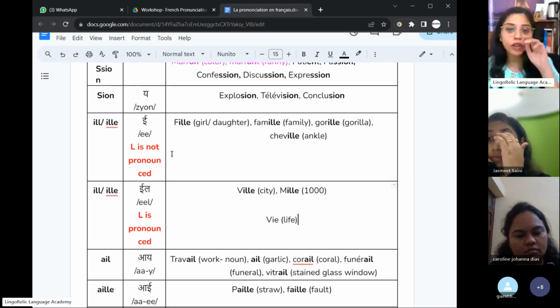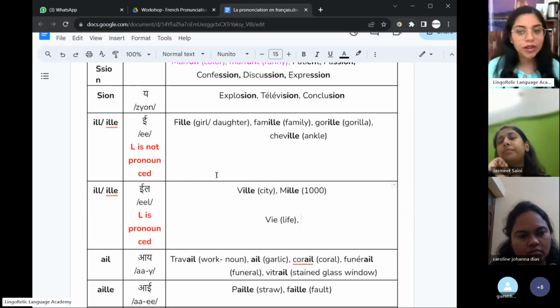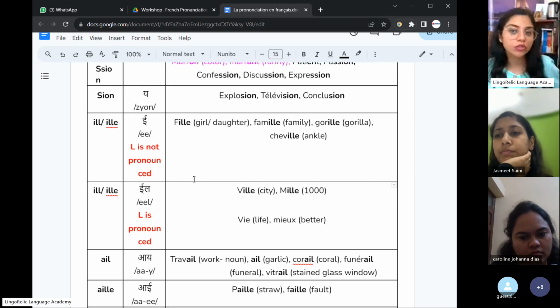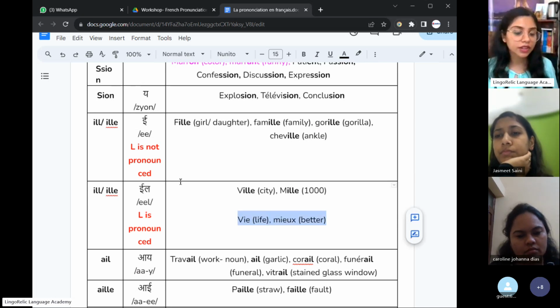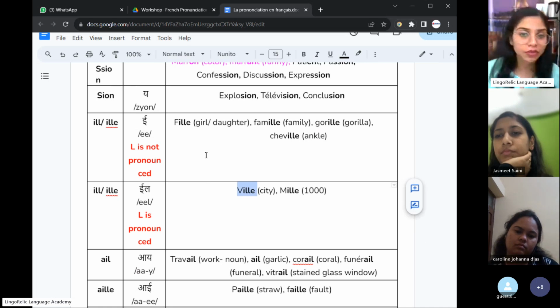So if you pronounce this as vie, people might be confused and say, okay, vie life? Whereas also if you say this as mieux, then that is M-I-E-U-X, mieux, which is a word for better. That's an adverb. So instead of confusing others with the pronunciation of vie and mieux, I avoid this, and hence I'm left with ville and mille.